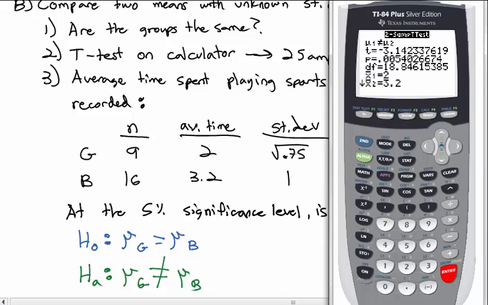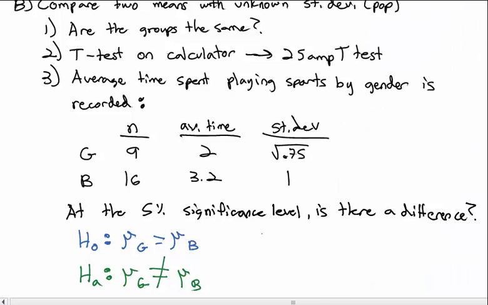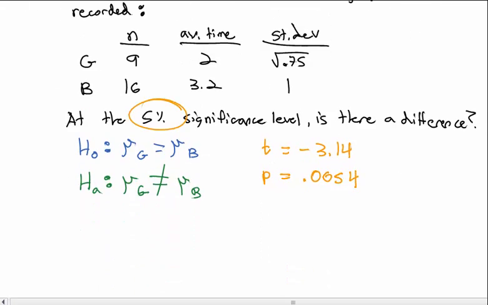calculate. And what we get is a t-value of negative 3.14 and a p-value of 0.0054. Let's record that, actually in a different color. The t-value that we came up with was negative 3.14, and the p-value that would happen by chance is 0.0054, which is much less than the 5% significance level, so our conclusion is yes.